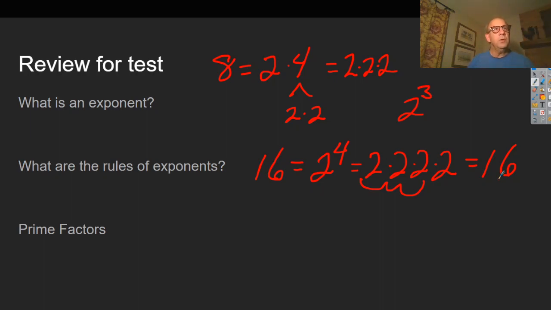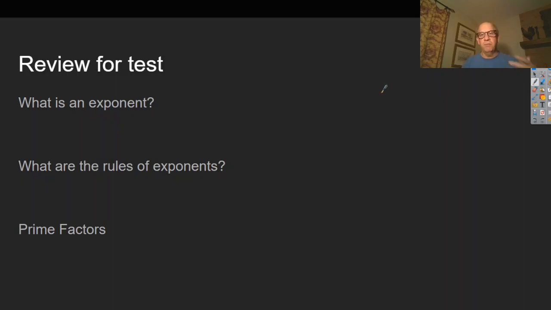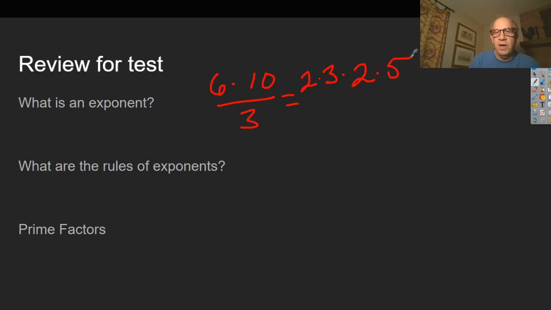All right. So you did prime factorization in like 4th and 5th grade when they were talking about fractions and stuff, but it becomes important here too. So let's say I have 6 times 10 divided by 3. I can factor all of these, and that helps me to reduce the fraction. So 6 in prime factorization is 2 times 3. 10 in prime factorization is 2 times 5.